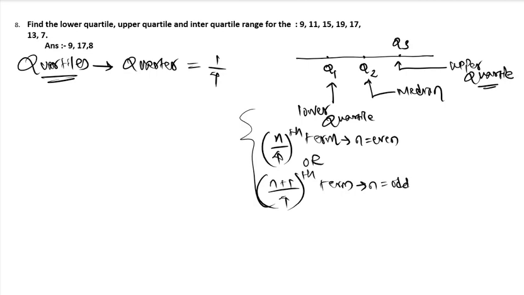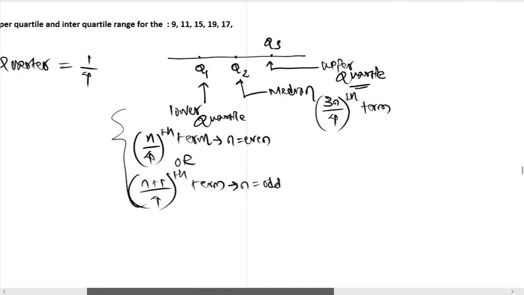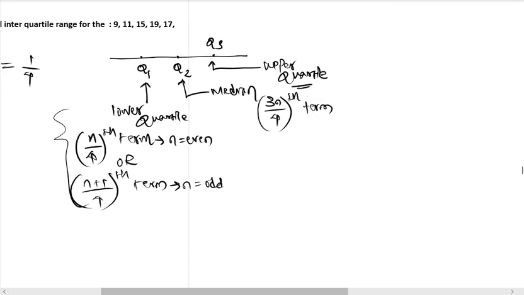then comes the upper quartile. Now the upper quartile's formula, Q3 upper quartile's formula is 3n by 4th term. When is the upper quartile 3n by 4th term? When n is even, right?